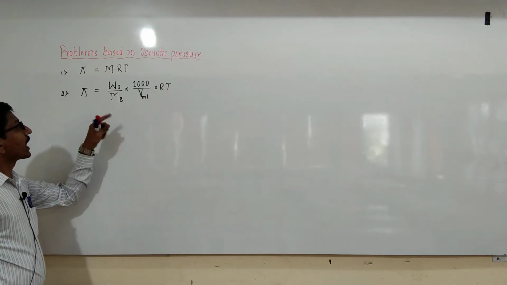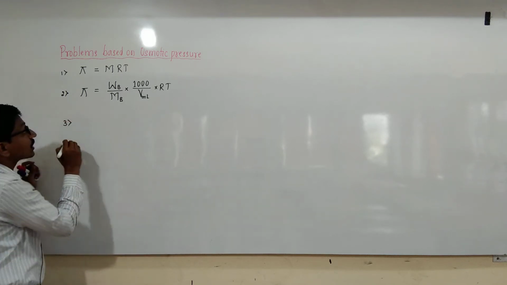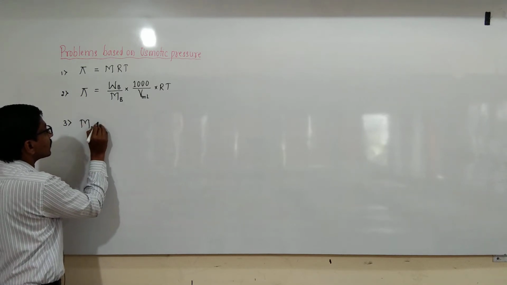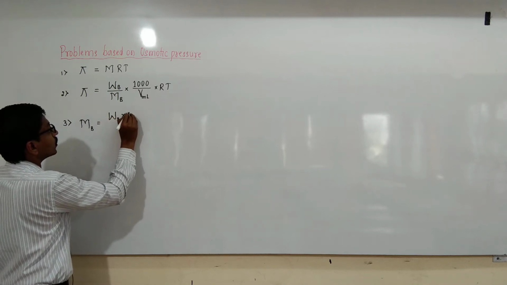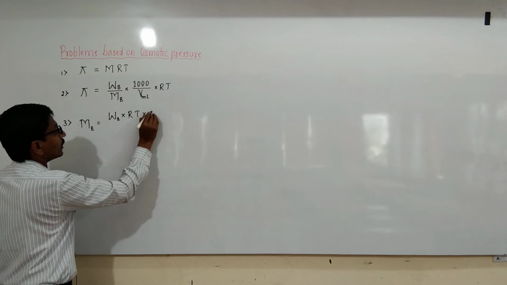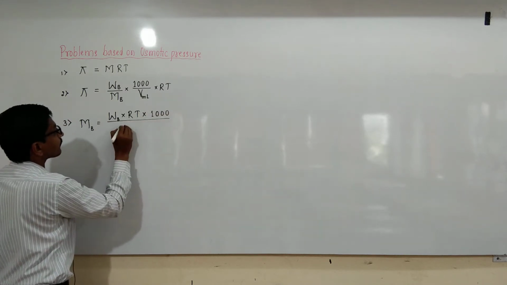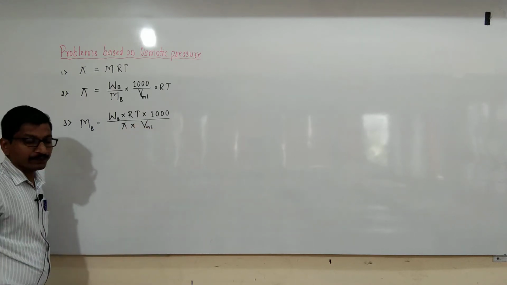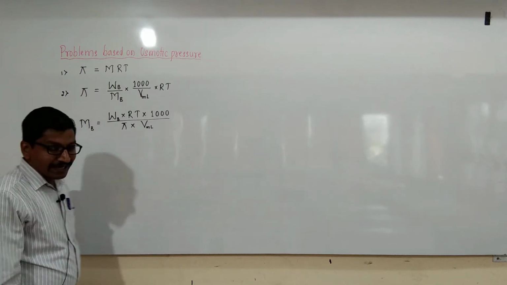This is the formula to calculate the osmotic pressure, and this formula is converted into molar mass calculation, calculation of molar mass by using osmotic pressure: MB is equal to WB into RT into 1000 divided by pi into V in mL. These are the three formulas to calculate osmotic pressure and molar mass.